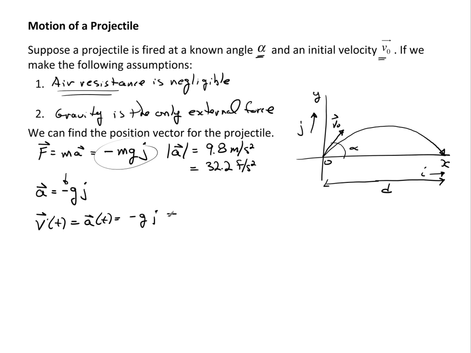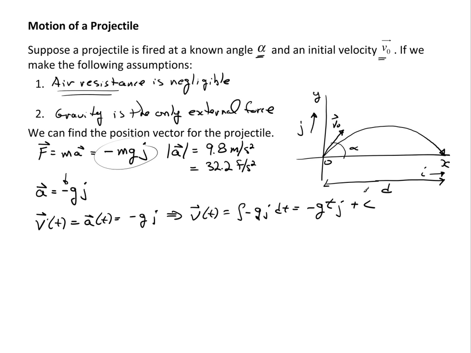That means my velocity vector is going to be equal to the integral of negative g j dt, which equals negative g t j, because remember it's still in the j direction, plus c.